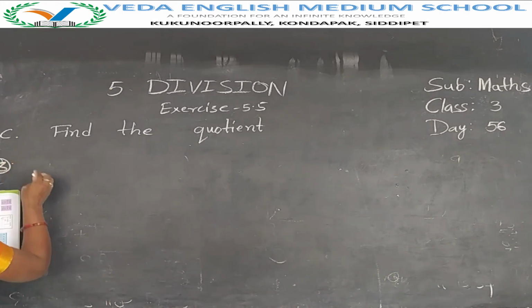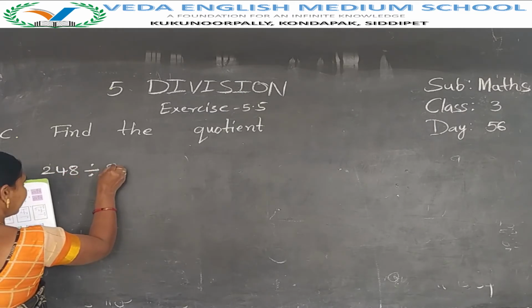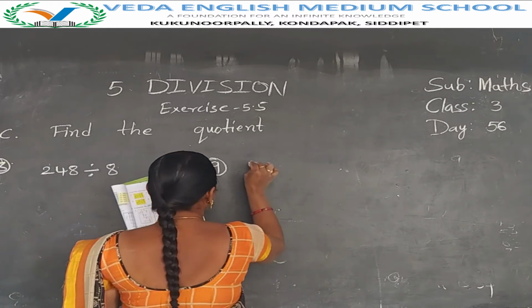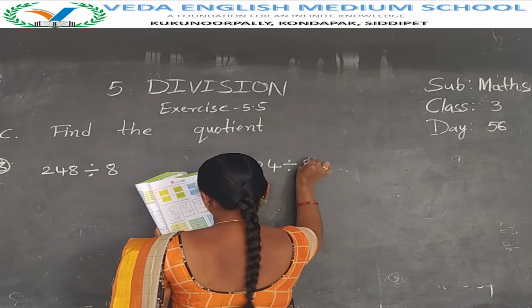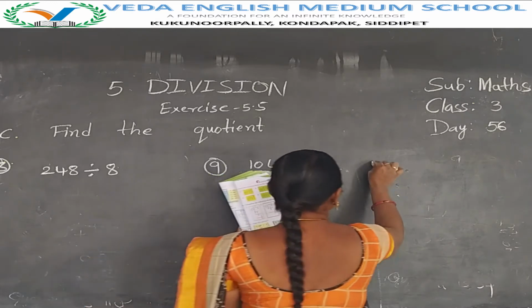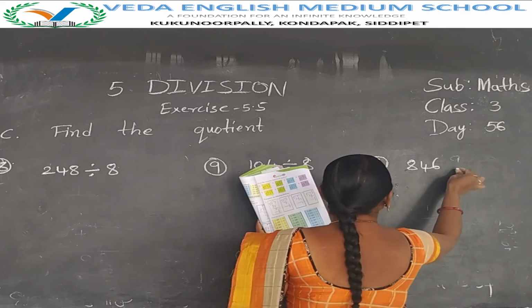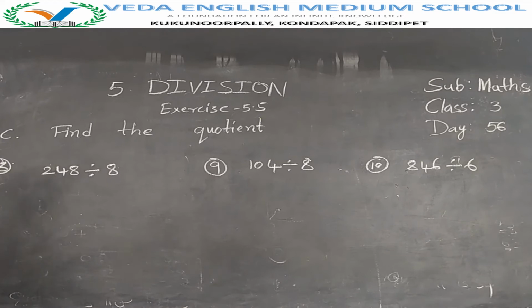Eighth problem, 248 divided by 8. Ninth problem is 104 divided by 8. Tenth problem is 846 divided by 6. Okay.